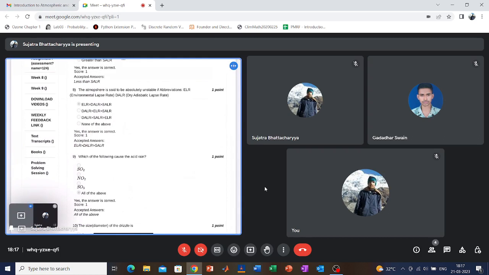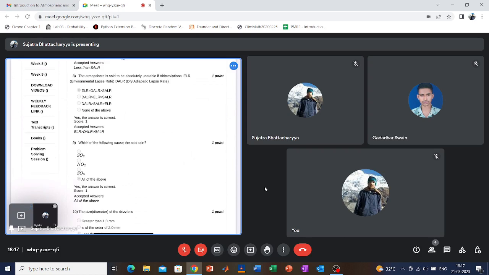This is because DALR itself is always greater than SALR. DALR's value is 9.76 degrees Celsius per kilometer, whereas SALR is between 4 and 6, because it depends on both the mixing ratio as well as the temperature, if you remember the saturated adiabatic lapse rate expression.